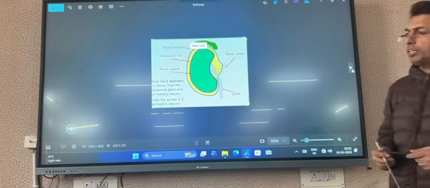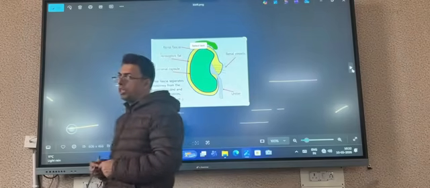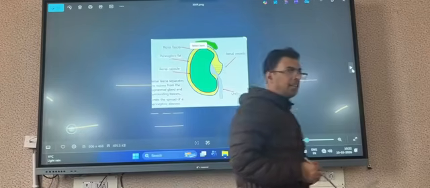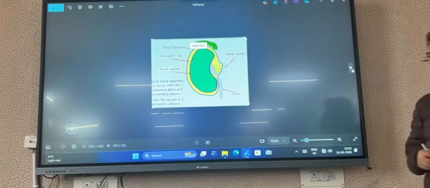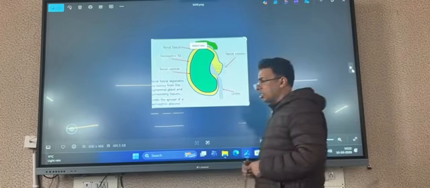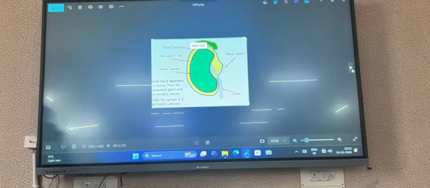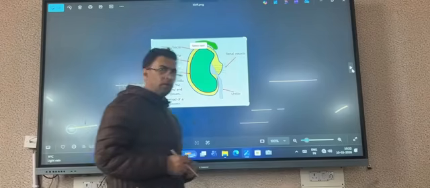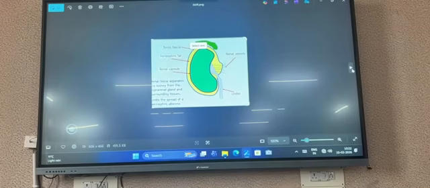The anterior layer is the fascia of Gerota, and the posterior layer is the fascia of Zuckerkandl. You got my point? So that is one part. Then above the renal fascia is the pararenal pad of fat.